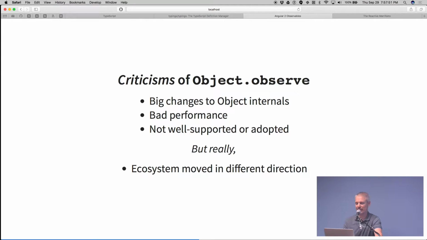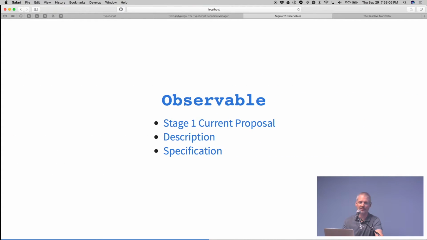And RxJS and things like that had a lot to do with that. Because when people are looking at what Object.observe does, they're like, well, why can't we just do that in a library? Why do we have to muck with the internals of JavaScript to make that happen? Among those reasons is why it was abandoned.